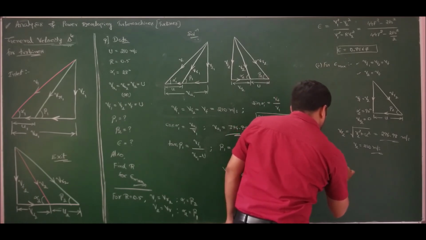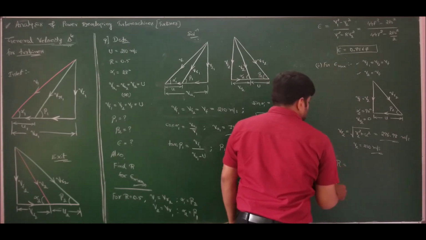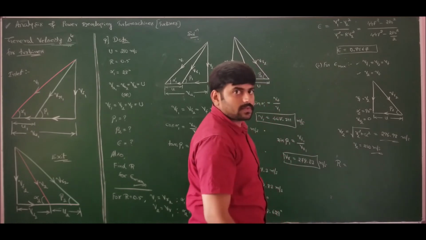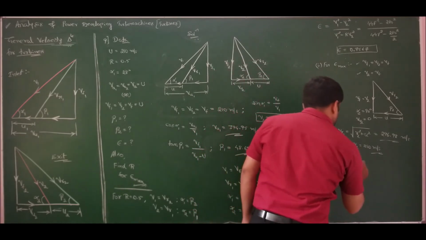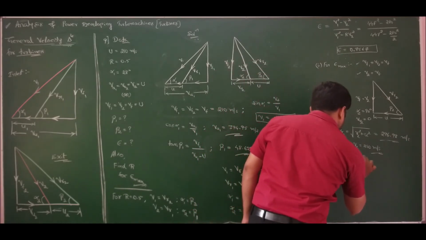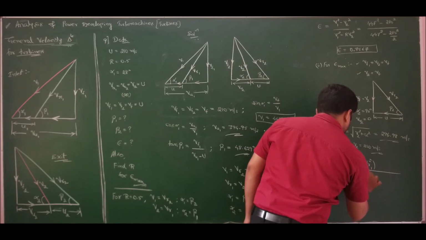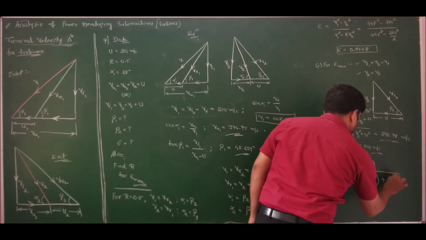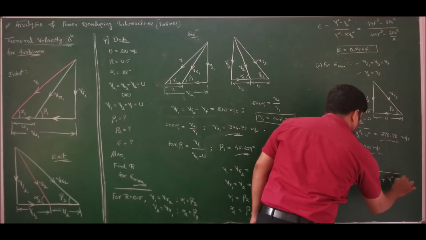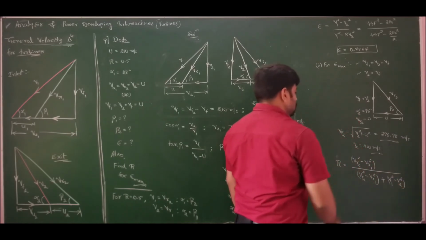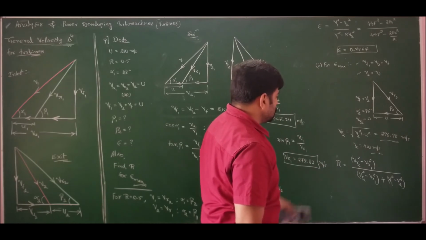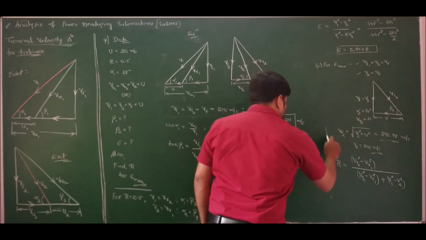We know that R is equal to, since it is axial flow, U1 square minus U2 square will become 0. So I am left with VR2 square minus VR1 square divided by VR2 square minus VR1 square plus V1 square minus V2 square. So substitute the values in this degree of reaction equation.